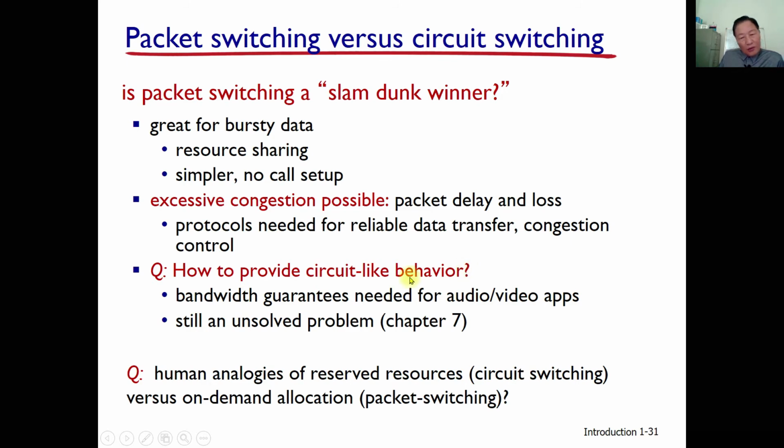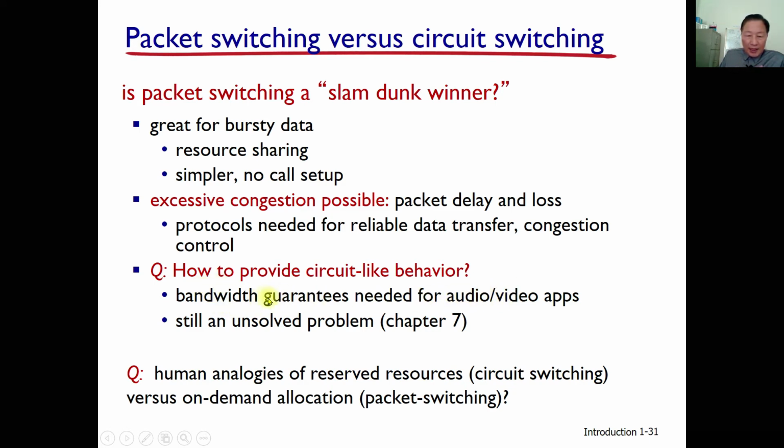This circuit switching technology is not so good, but it has some advantage in providing guaranteed delay time. Then how to provide those good aspects of the circuit-like behavior? Here, bandwidth guarantees are needed for audio and video applications.